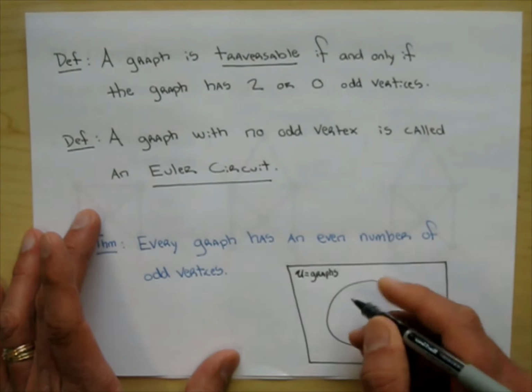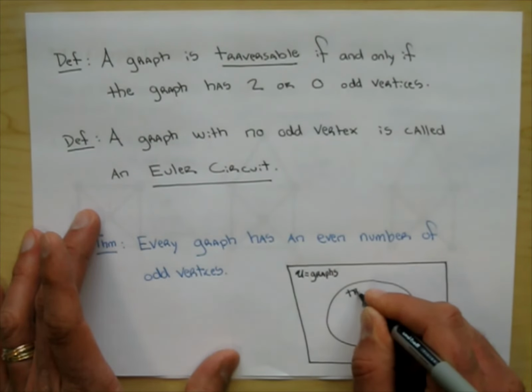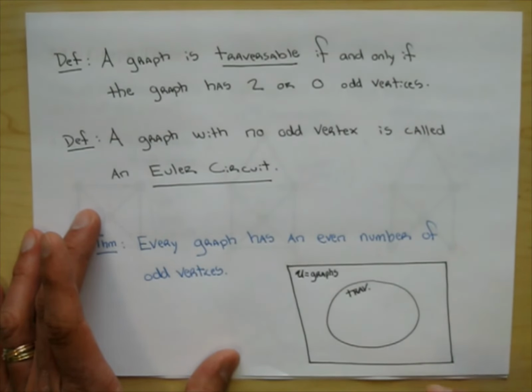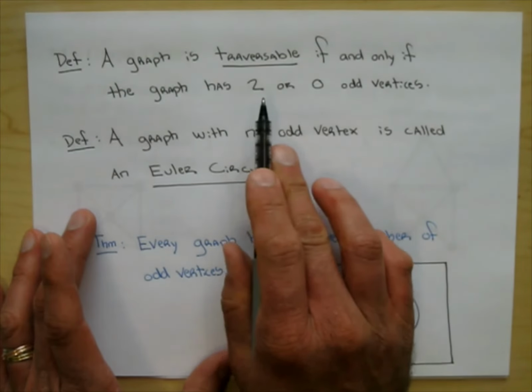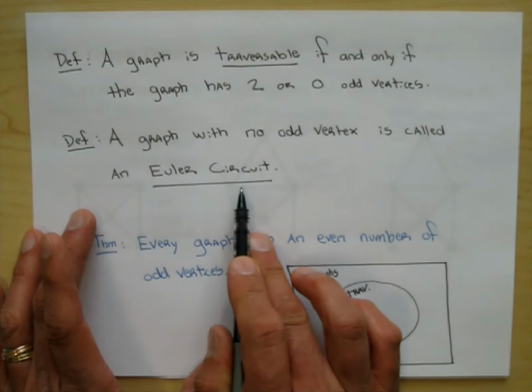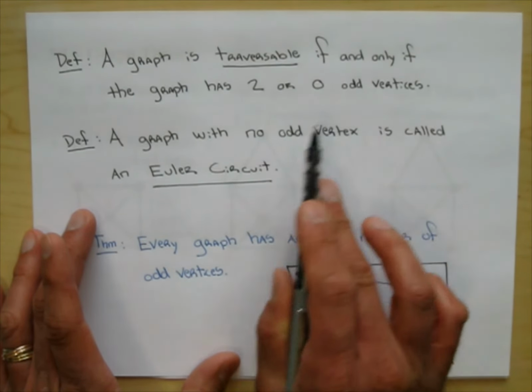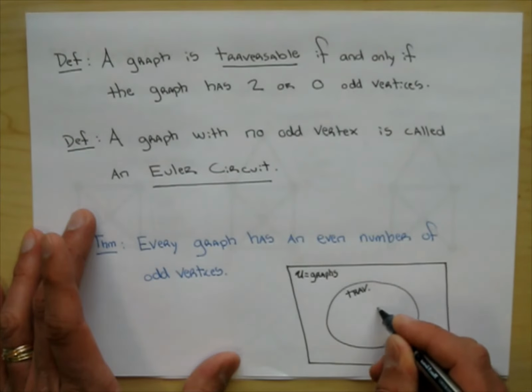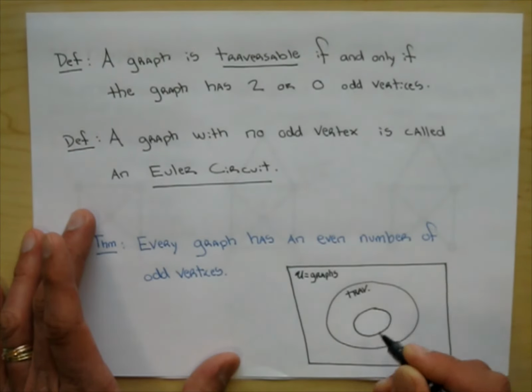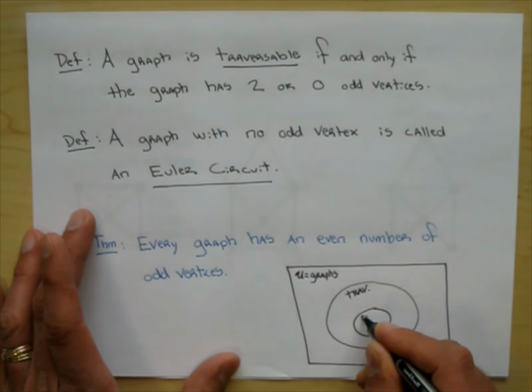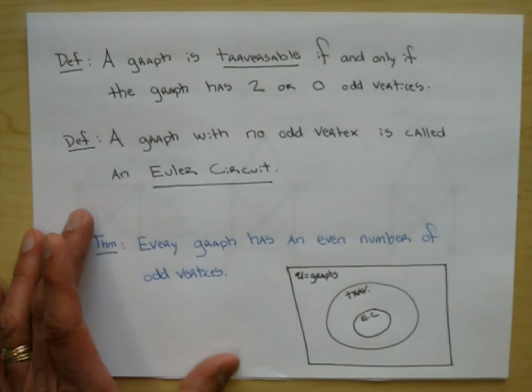So I'm going to make a circle and say traversable. And notice, all Euler circuits are traversable because traversable graphs allow for 0 odd vertices, and this is 0 odd vertices. So I'm going to put a circle in here. I'm going to say this is an Euler circuit.